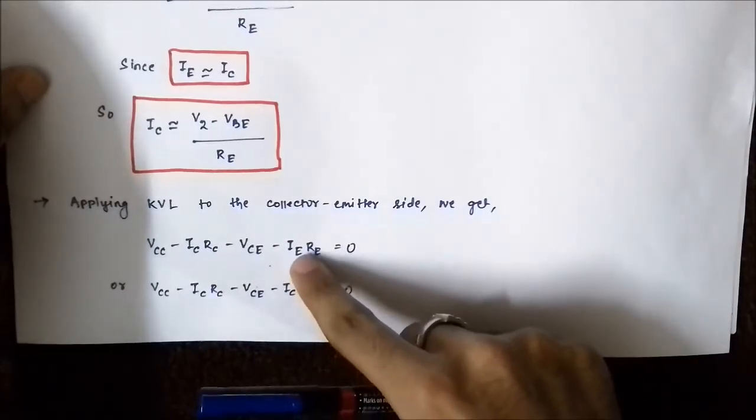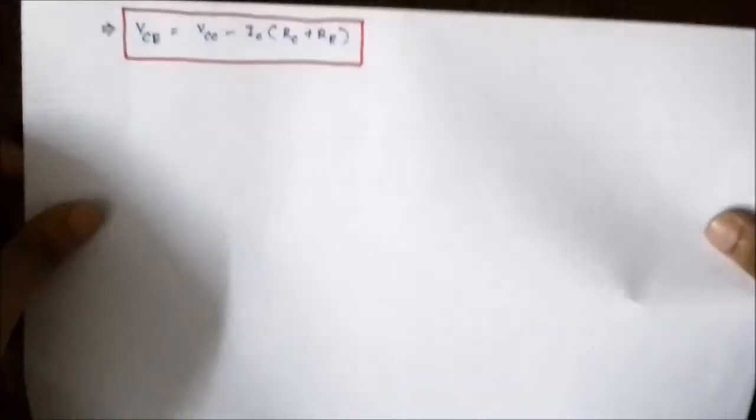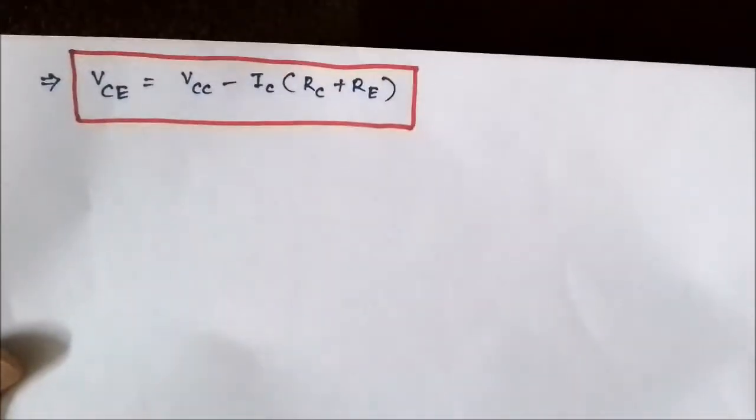We have replaced IE with IC here. Then we will take IC common and we get the value of collector emitter voltage. VCE is equal to VCC minus IC into (RC plus RE).